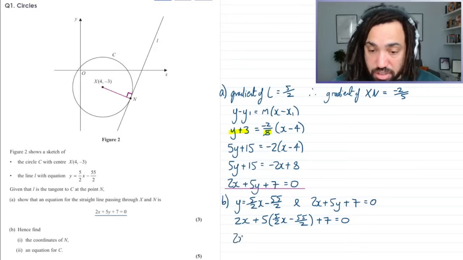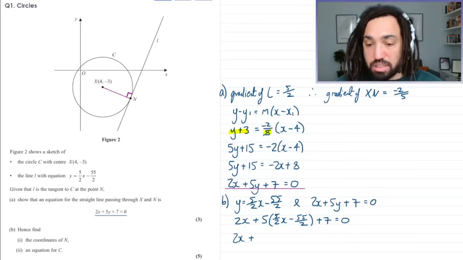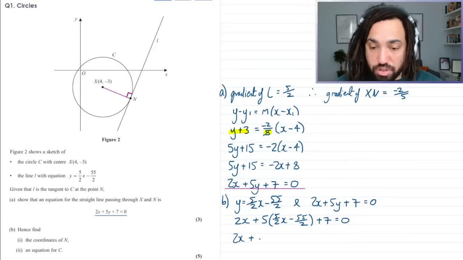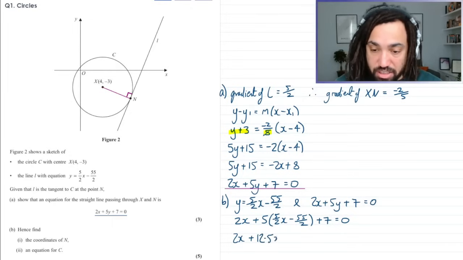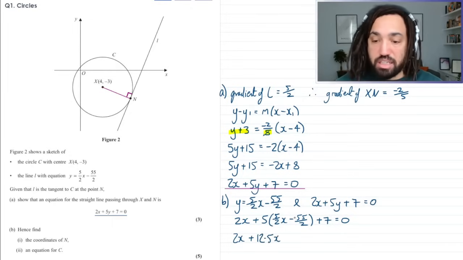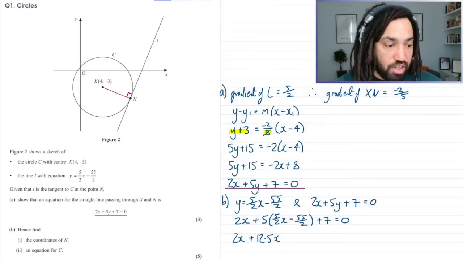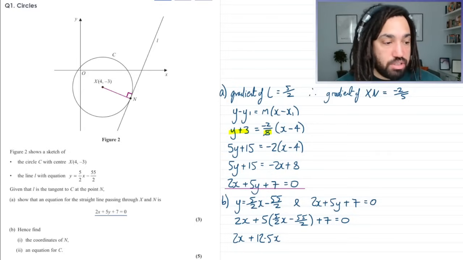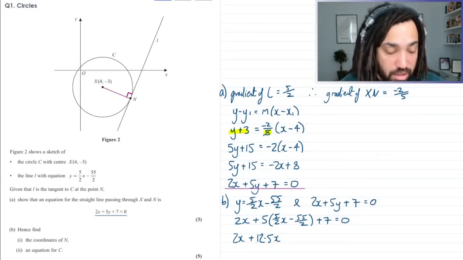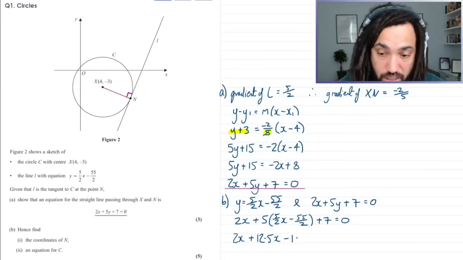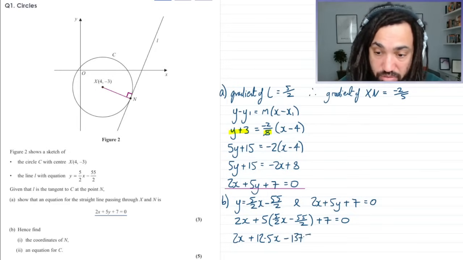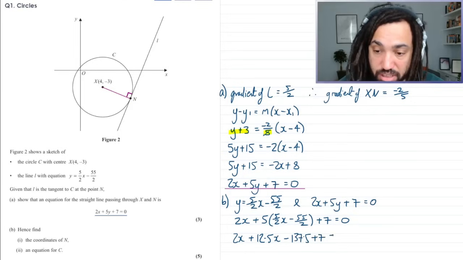Okay, so this gives us 2x plus 25 over 2, which is going to be 12.5x, and then 5 times 55 over 2, I might need to use a calculator for that. That gives us minus 137.5, and then plus 7 equals 0.